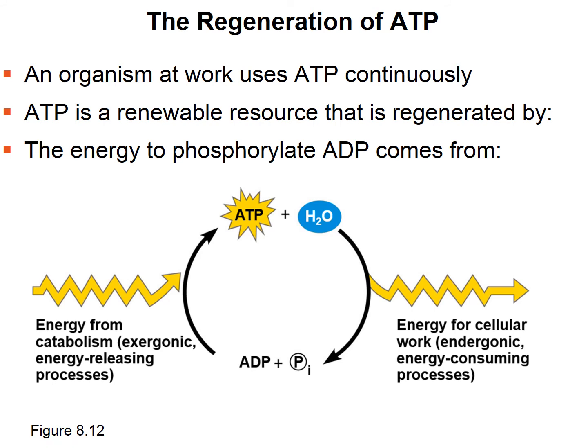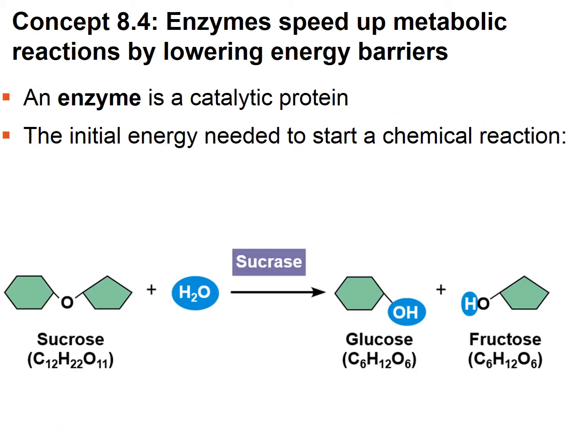An example of the importance of ATP regeneration we can see in the muscle cell. The muscle cell consumes and regenerates 10 million ATP molecules per second. Now, if you remember from previous chapters, an enzyme is a catalytic protein. That means that it can speed up a reaction without itself being used up.